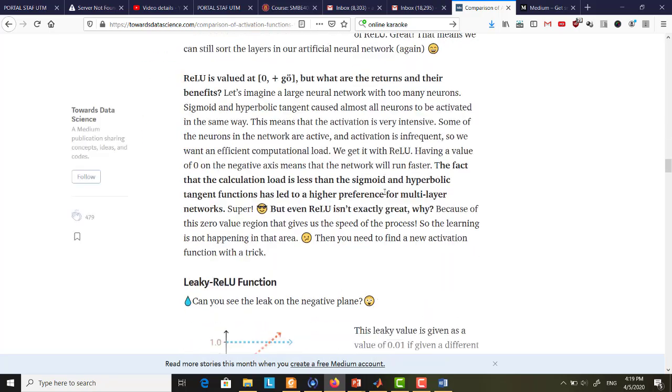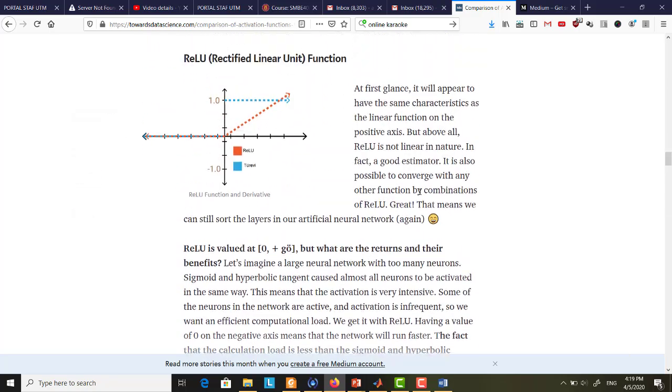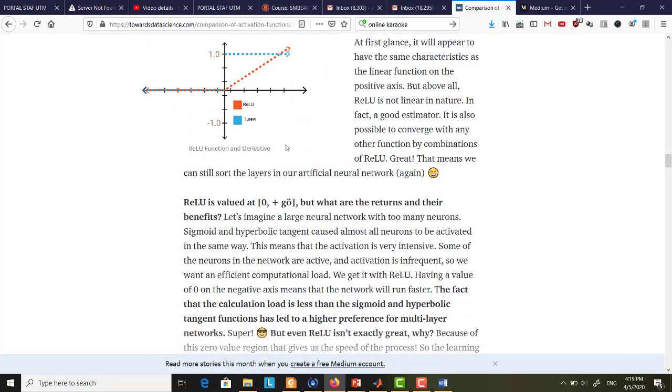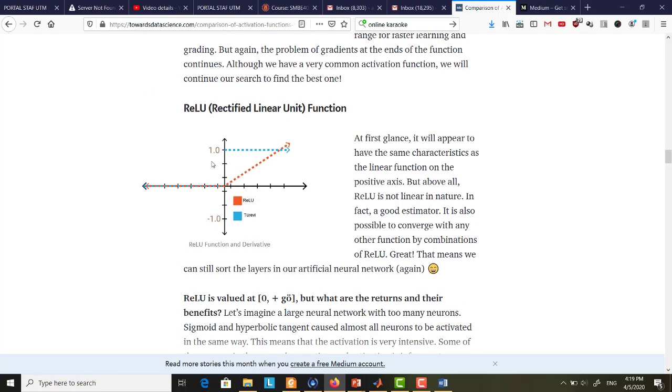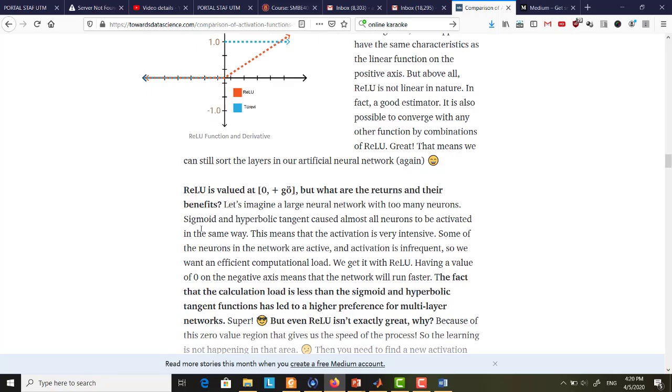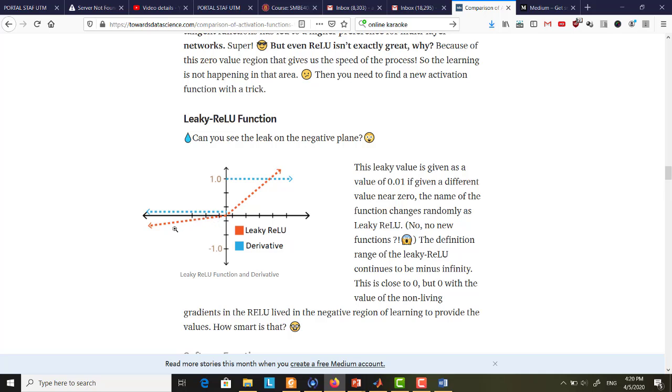Okay, and some people tried to improve ReLU, because ReLU still has a disadvantage on the negative side, because it's 0. So they introduced the leaky ReLU function, because they want the negative side not to be 0 during the derivation.